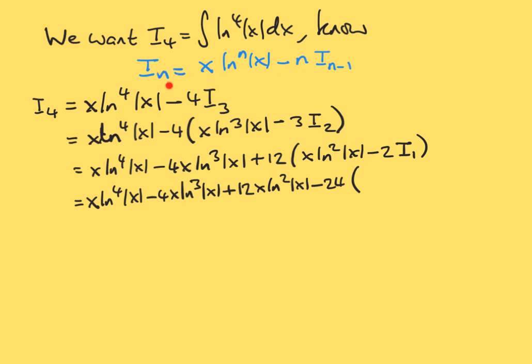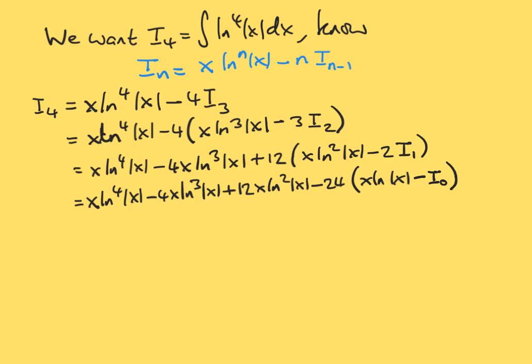So I1 is when n is 1, so it's x times log of x to the power of 1, that's just log of x. So it is x log x, and then it's going to be minus 1 times I naught. So that's minus 1, I'm not going to bother to write, it's I naught, close brackets.